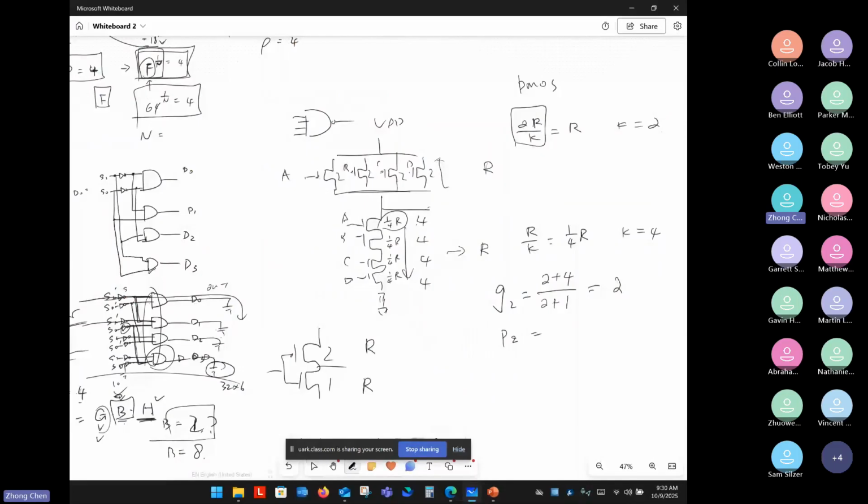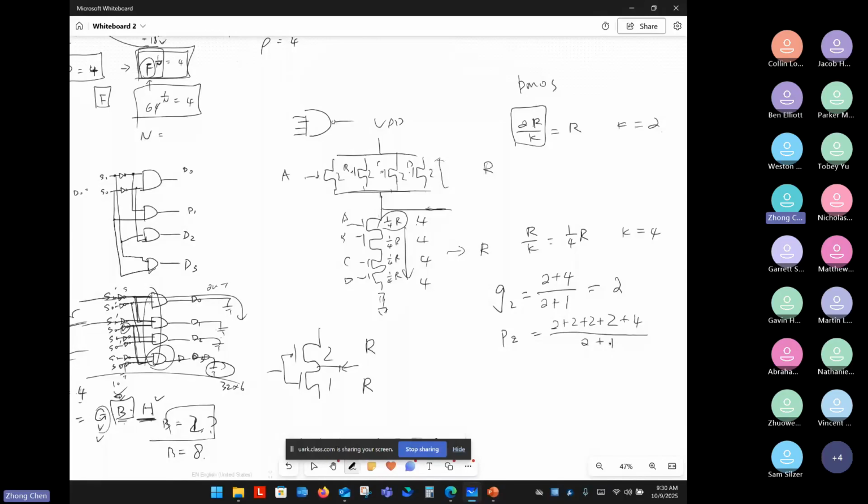So what is the output capacitance here? 2 plus 2 plus 2 plus 2, that is all the PMOS connected to the output, plus 1 for each NMOS, so 4. That is the total output capacitance for the 4-input NAND gate, divided by the output capacitance of the inverter at this node.